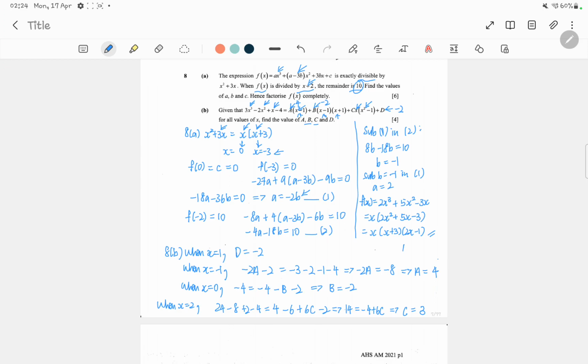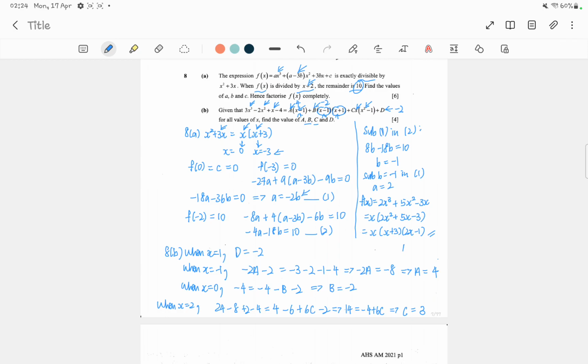And we are done with question 8B. We have finally solved the values of a, b, c, and d. So my advice for this question, let me emphasize again, is to first try to make the linear factors zero by substituting suitable values of x.